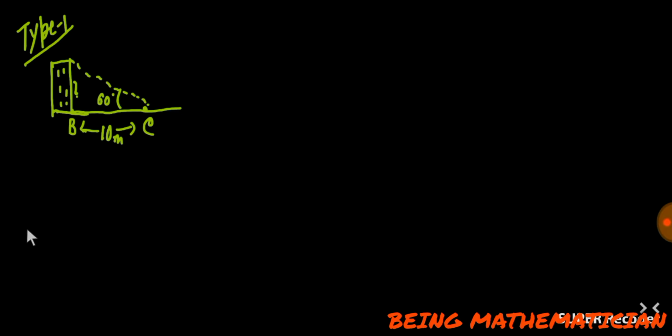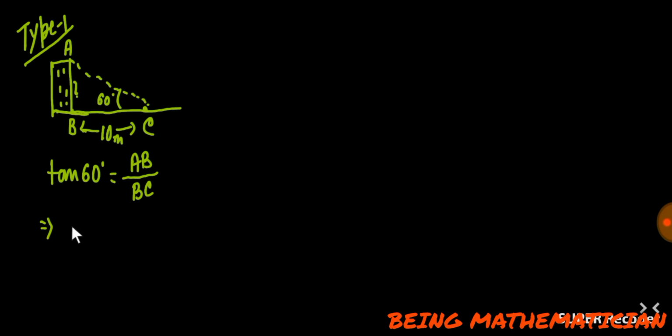So as per our tricks, we can apply in this triangle. Assume that this is triangle ABC. We use tan 60, because tan theta involves AB and BC. In this sum, BC is given, so we can apply tan 60, which must be AB by BC.